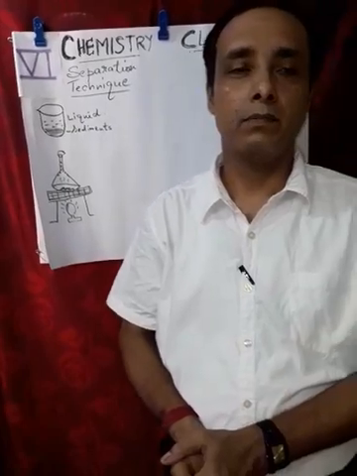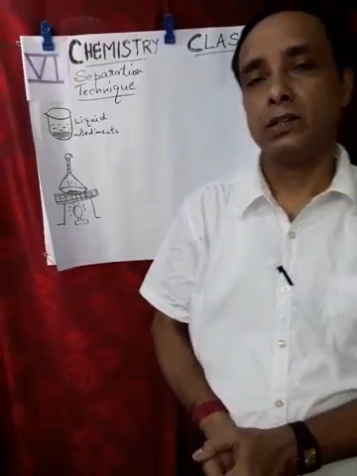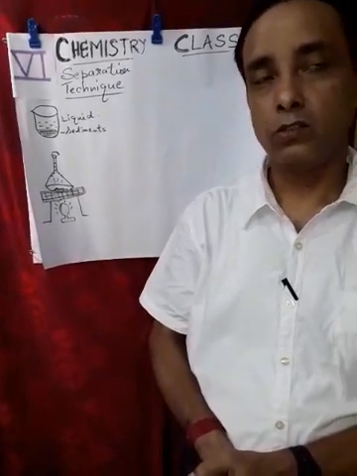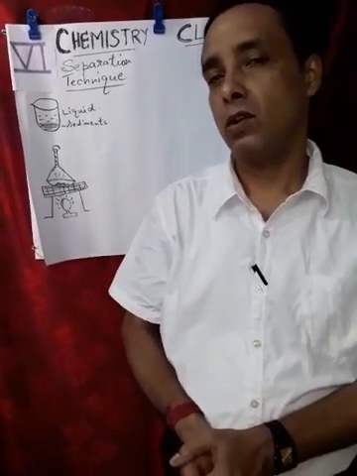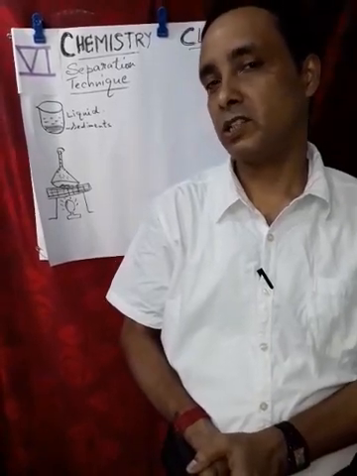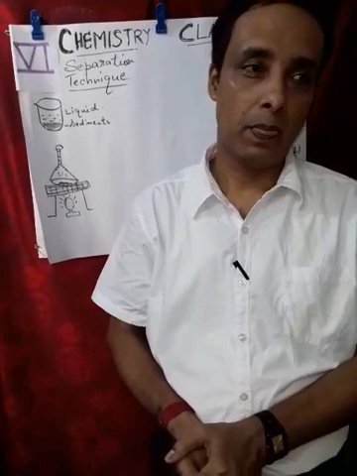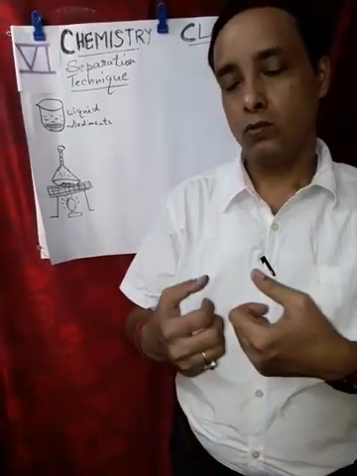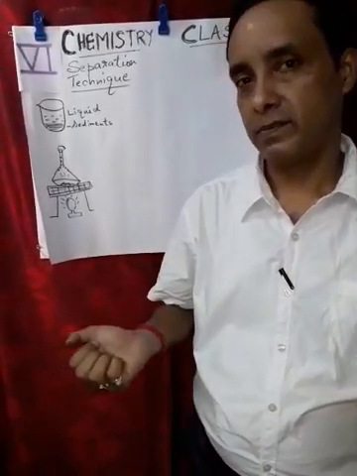Sieving is a method in which different solid components, or two different sizes of solid components, can be separated from each other by using a sieve. So by that we are able to separate two solid substances which are of different sizes.